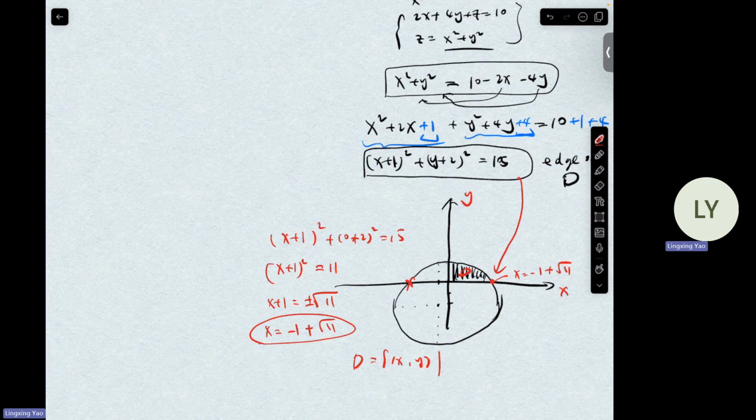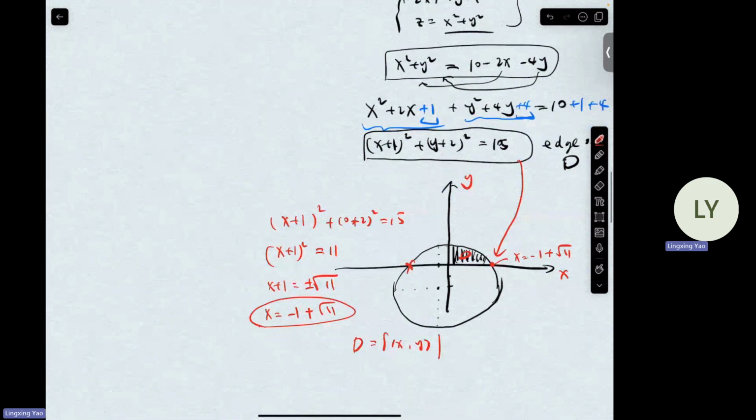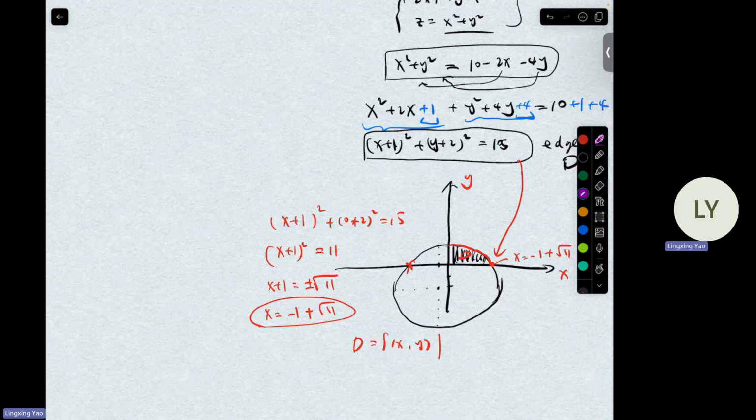All right. So for this, we can find the y also by solving y in terms of x. Let's use a different color to illustrate. So how do we represent this edge? Well, we solve y plus 2 squared equals 15 minus x plus 1 squared.